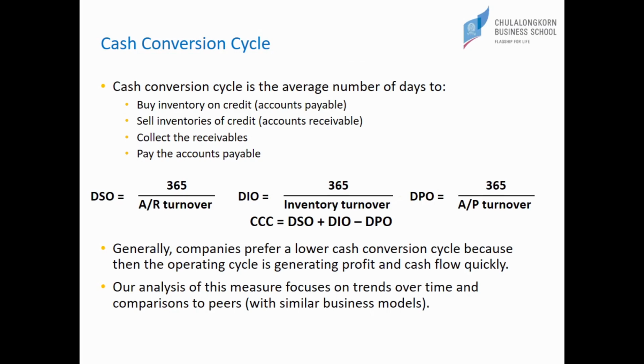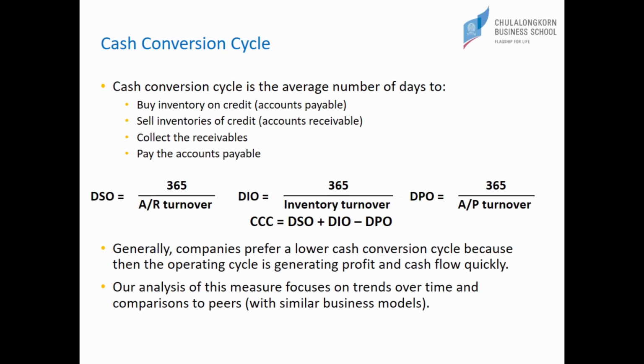So before you can actually calculate this cash conversion cycle, you have to convert these three ratios by dividing 365 by each ratio. So now you will have this in terms of the number of days. So this is going to be the days sales outstanding, days inventory outstanding, and days payable outstanding.